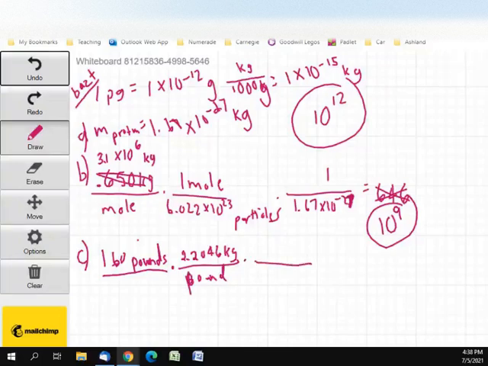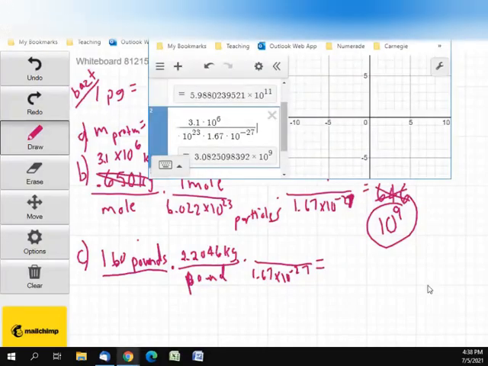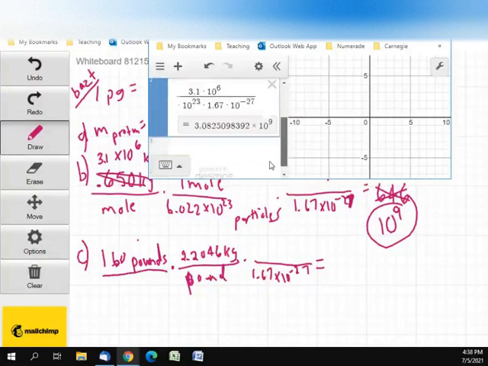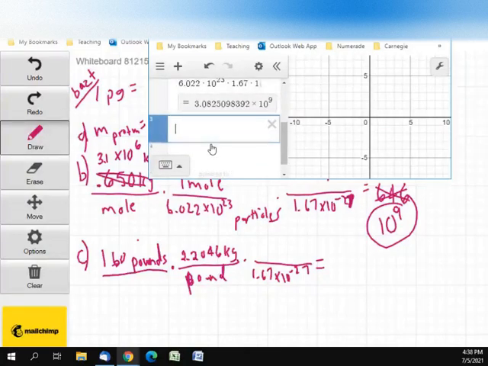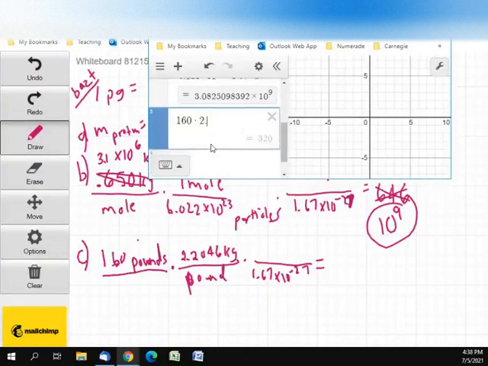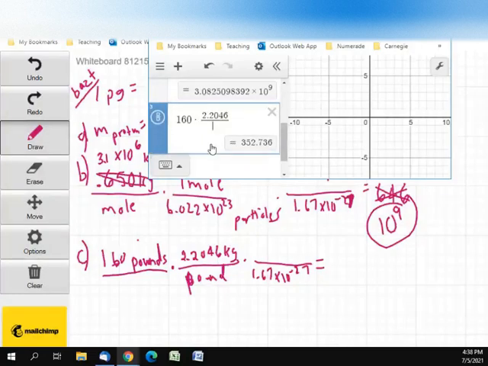And now I just have to divide that by the 1.67 times 10 to the negative 27th power. And that'll give me the answer. Okay, so here we go. 160 pounds, 2.2046, so that'd be kilograms.